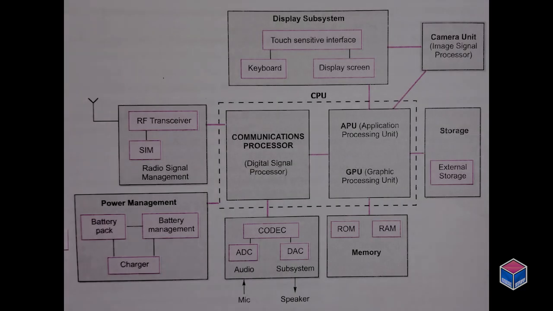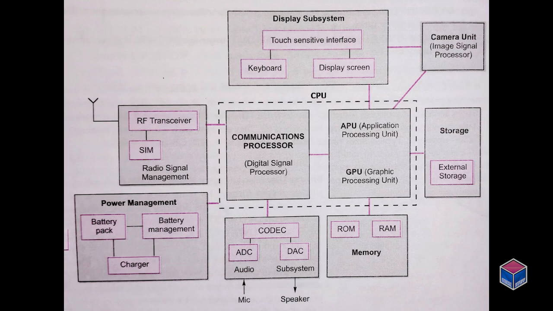As you can see in the diagram on your screen, a mobile system organization is basically made up of different small modules which are combined and amalgamated and then give you a particular structure of a device that works for a lot of things. Now, the very important thing that we have in our mobile system organization is the CPU.